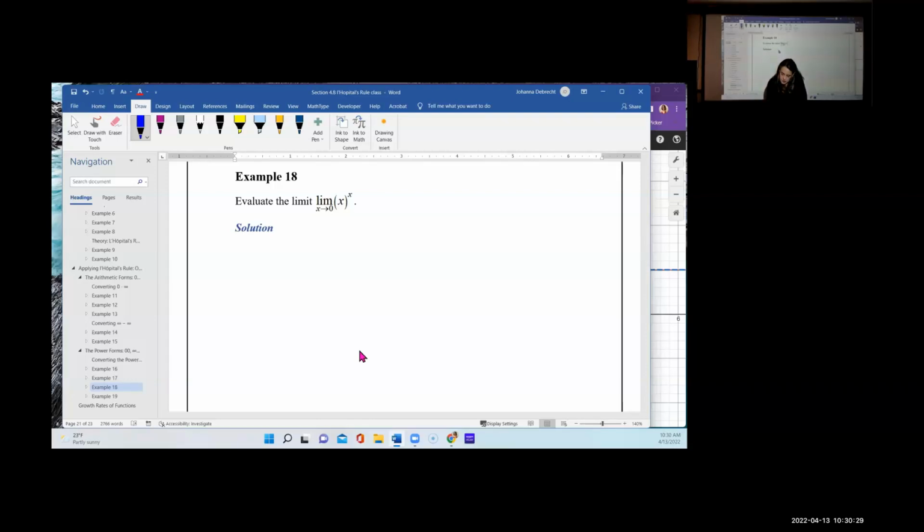So we're going to substitute the value of x in, and I have 0 to the 0, which is automatically one of my indeterminate power forms. So then I'm going to apply the natural log to get the power out, and then the undo, which is e to that power. So I have the limit as x goes to 0 of e to the natural log of x to the x power.